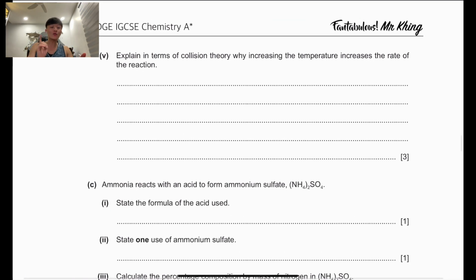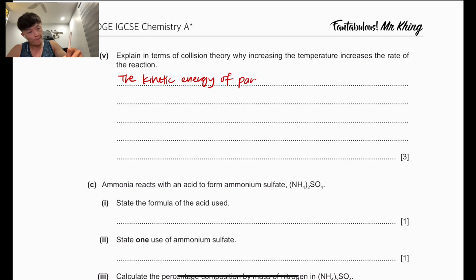Okay, next one. So you have to explain how an increase in temperature increases the rate of reaction. Whenever they ask about this, first you have to mention that the kinetic energy of particles increases. So therefore what happens?